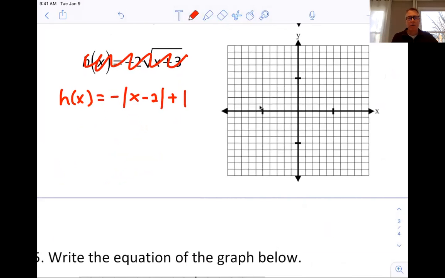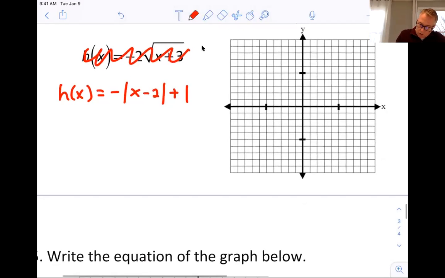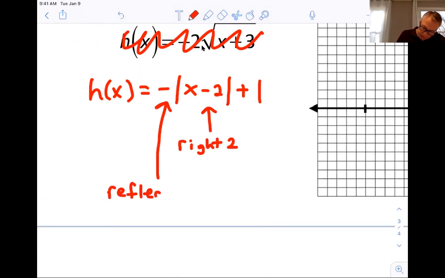So we know that our parent graph is absolute value of x. And according to the order of operations, I'm going to move it in this order. I'm going to first do the inside stuff, so I'm going to move it right 2. Then I would do the multiplication, that's external, so that's going to reflect over the x-axis.